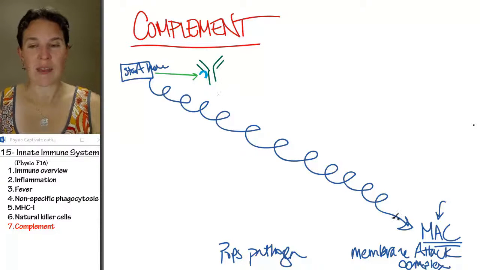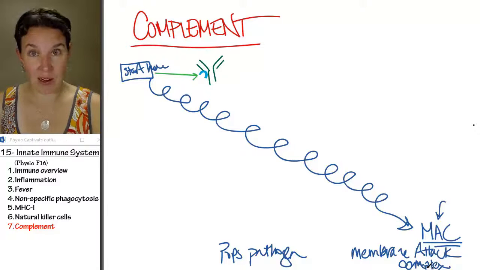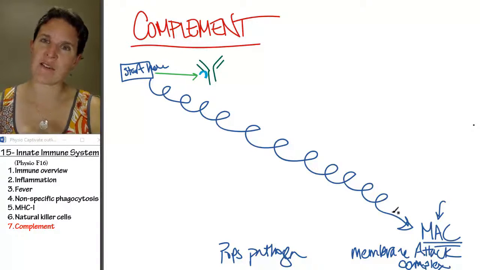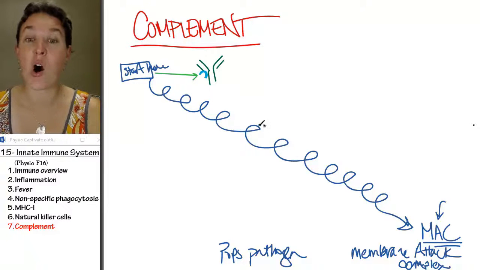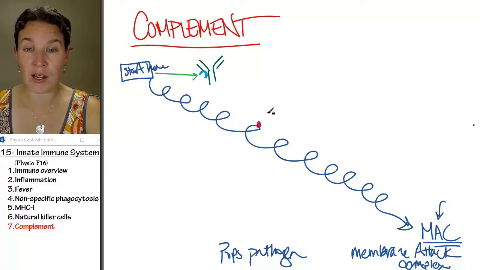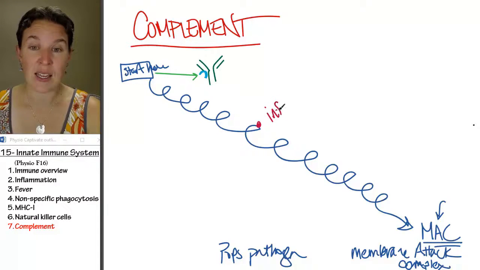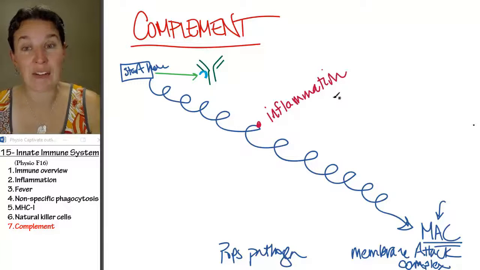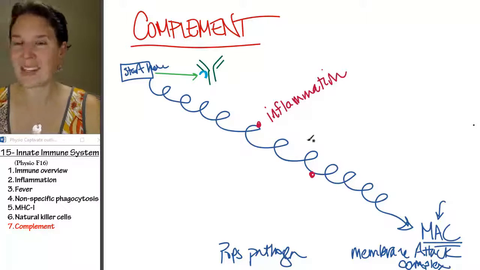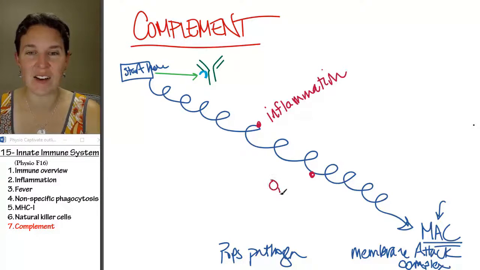Remember, now, the end game is this membrane attack complex. But the fact is that all of these 25 intermediate chemicals along the way also have various functions. For example, some of them are inflammatory cytokines or mediators of inflammation molecules. So they're going to initiate an inflammatory response. Others are opsonins. Oh, yeah.